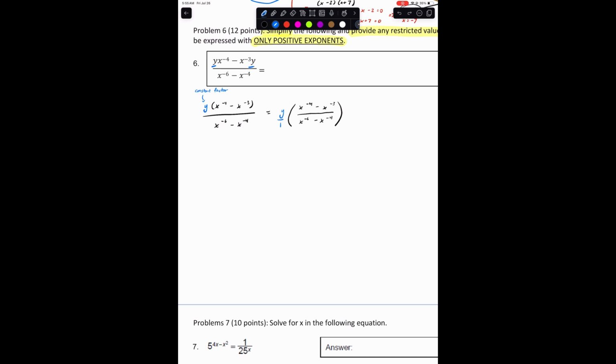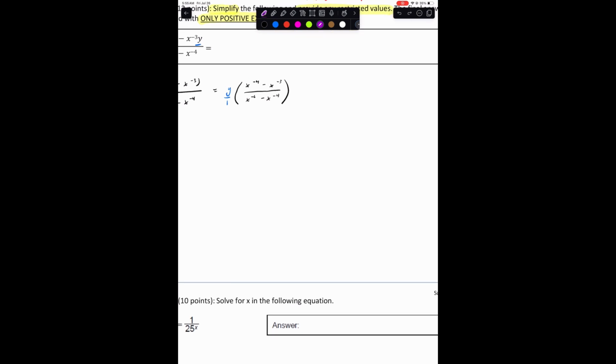So now I can isolate my fraction. I just need to work with this fraction right now, but with this in mind, I need to not forget about the y when I finish solving this simplification.